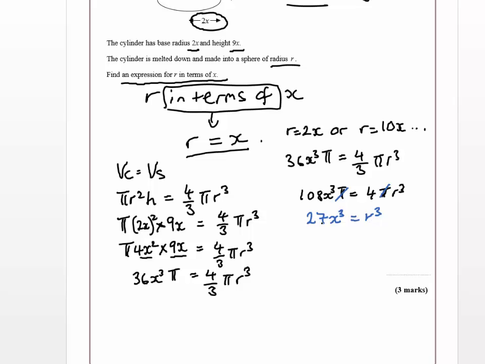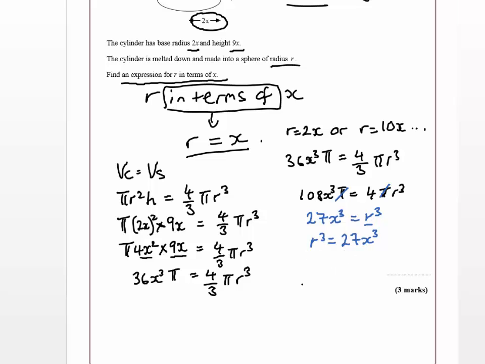We have a number, 27. We can find the cube root of it because now we've got an r on its own, but it's to the power of 3. So I have to find the cube root of both sides. Let me rearrange that, writing it so r cubed is equal to 27x to the power of 3.